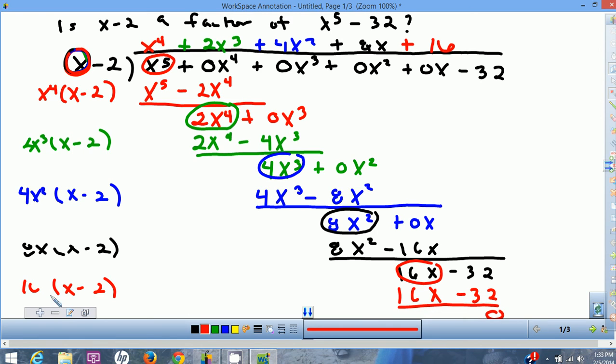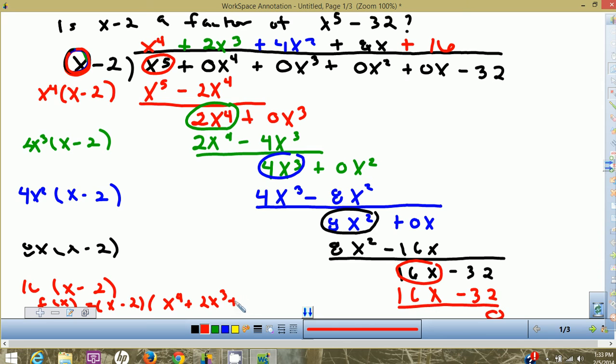And in fact, I can rewrite this function as f of x is equal to x minus 2 times what I got when I did my division. x to the 4th plus 2x cubed plus 4x squared plus 8x plus 16. I have factored that and determined that x minus 2 is a factor of x to the 5th minus 32.